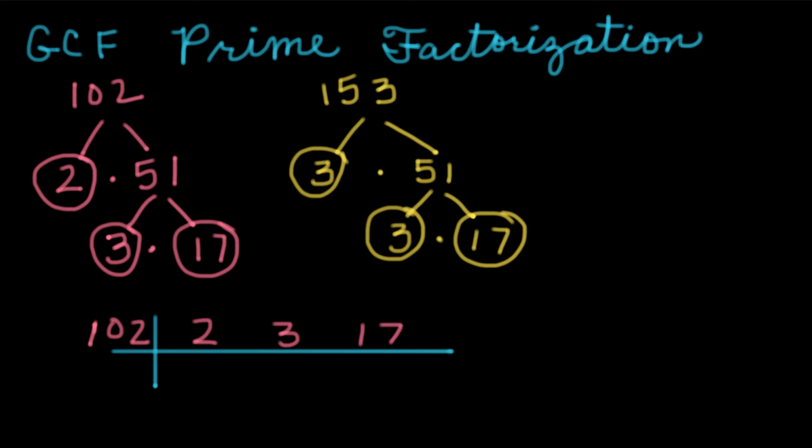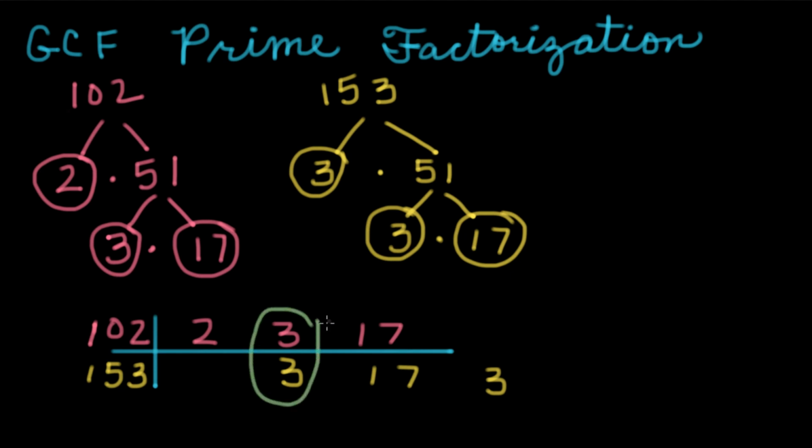And the prime factorization of 153, we're going to line up the factors that match, is 3 times another 3 times 17. So now we want to see which prime factors were common to both of these numbers.